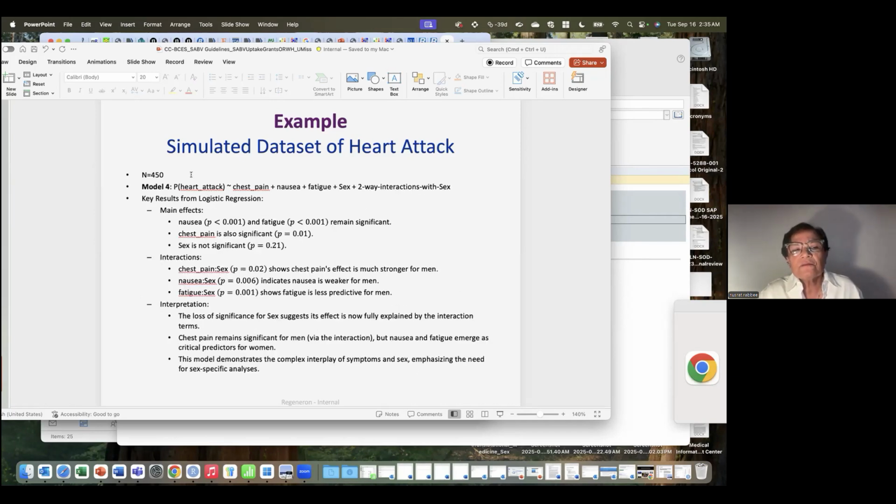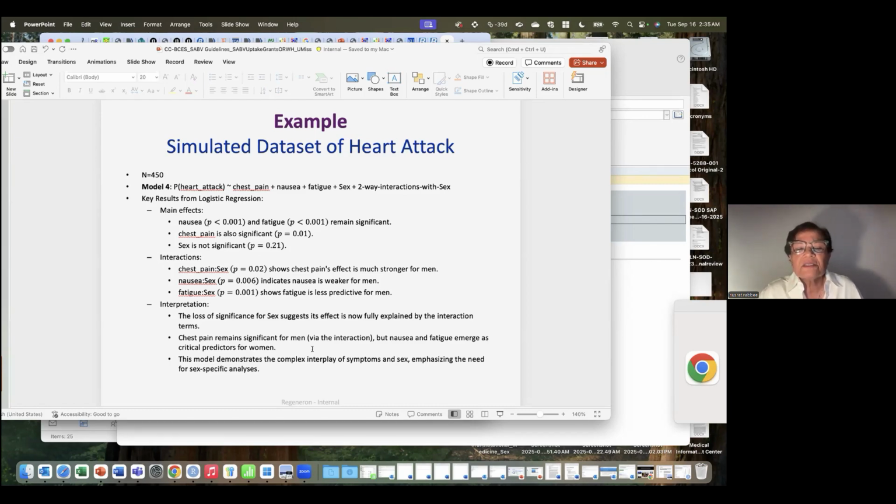And model 4, so now I've increased the sample size, has the main effects, sex, and all the two-way interactions with sex. So now I have fatigue, nausea, and chest pain significant. Sex is not significant, but the interaction terms are significant. So the loss of significance of sex suggests its effect is now fully absorbed or explained by the interaction terms.